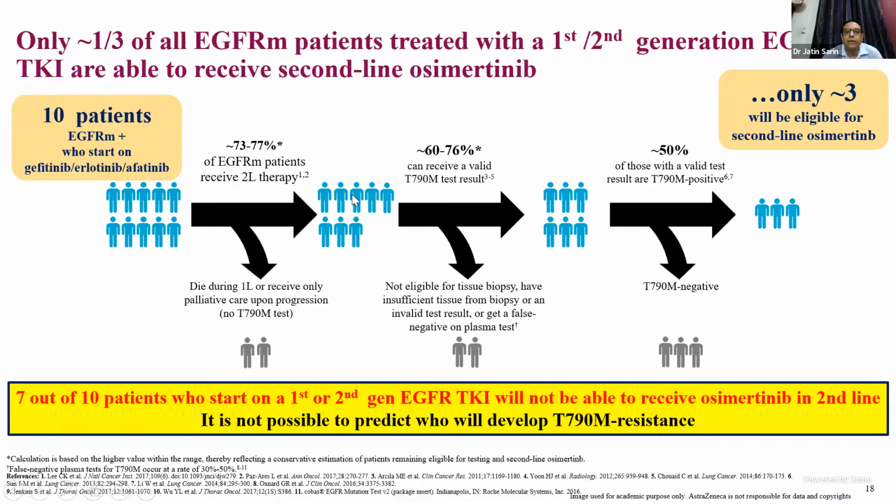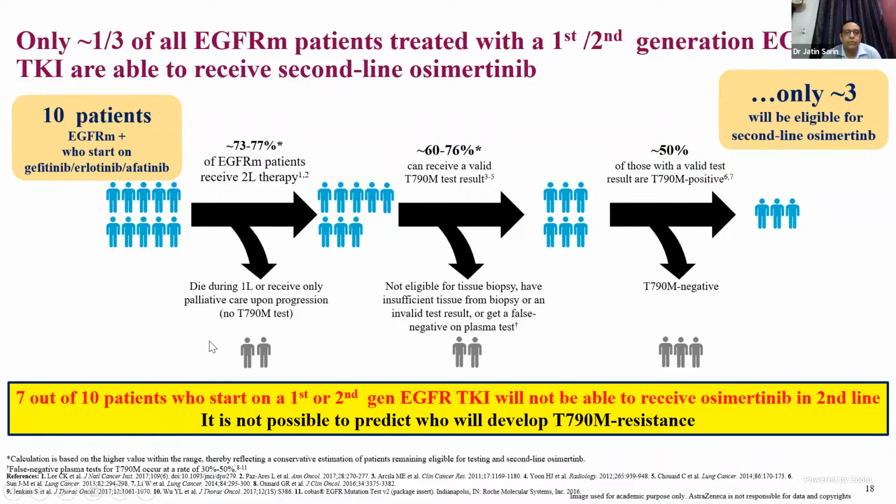Out of these 73 to 77%, or roughly 75% of patients, 60 to 76% get valid T790M test results, and of those with valid test results, 50% are T790M positive.